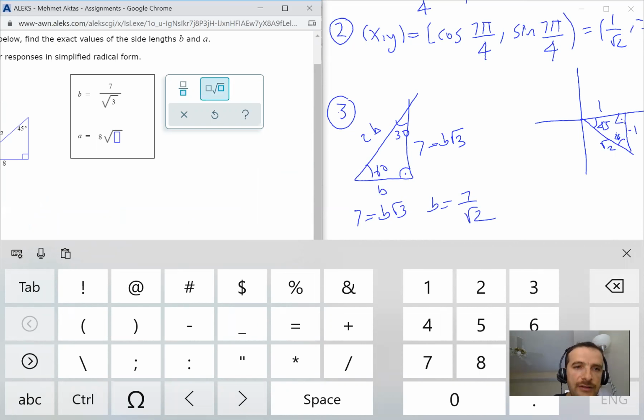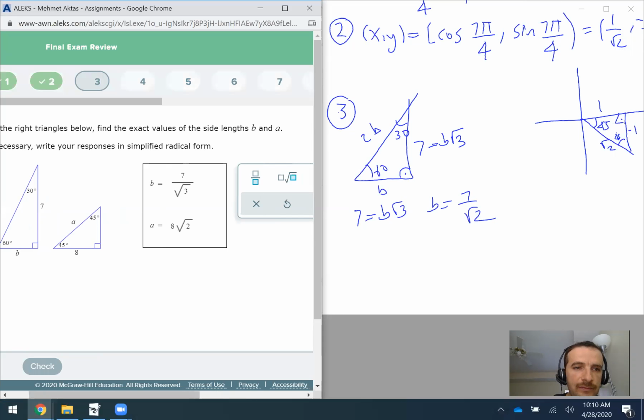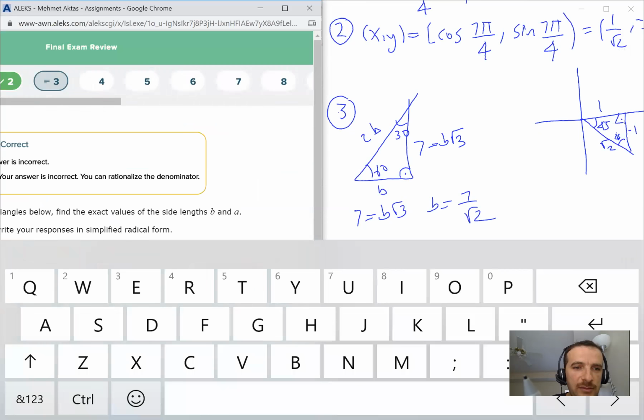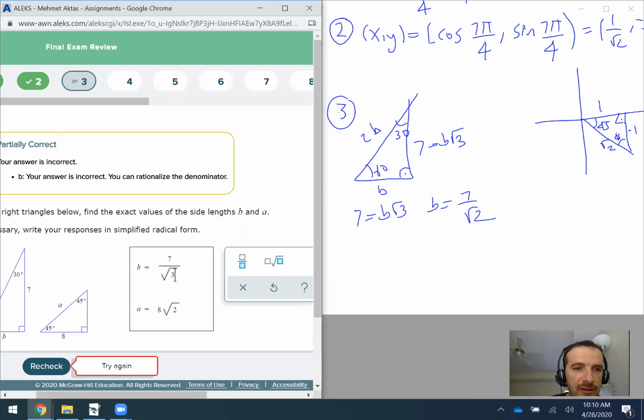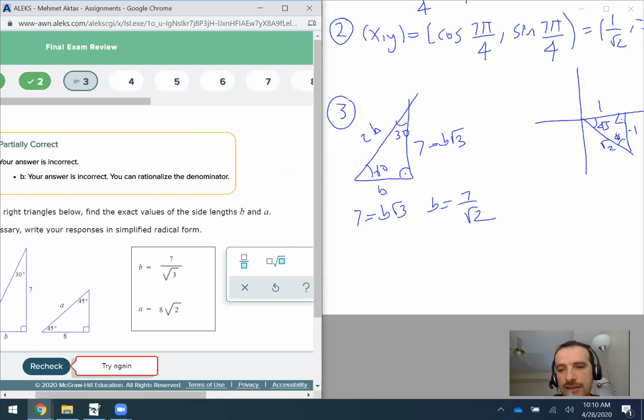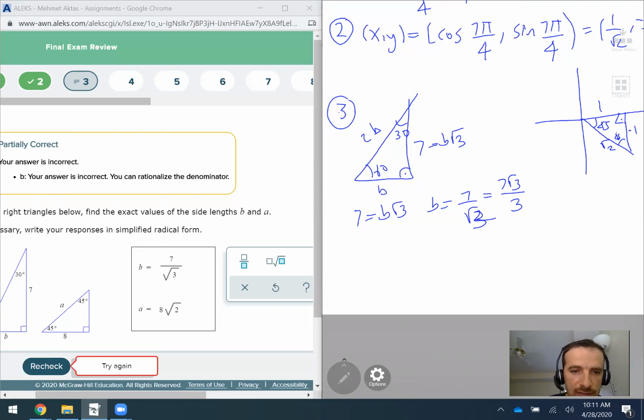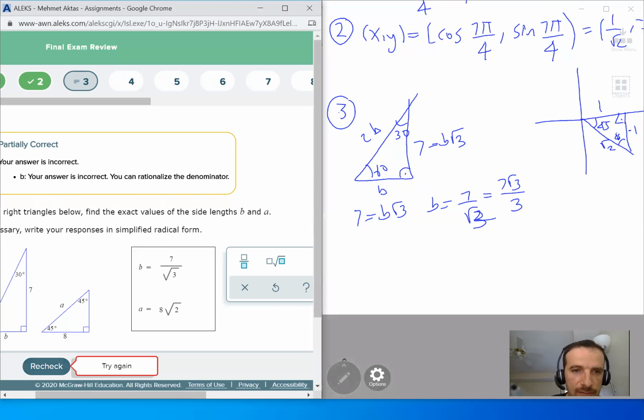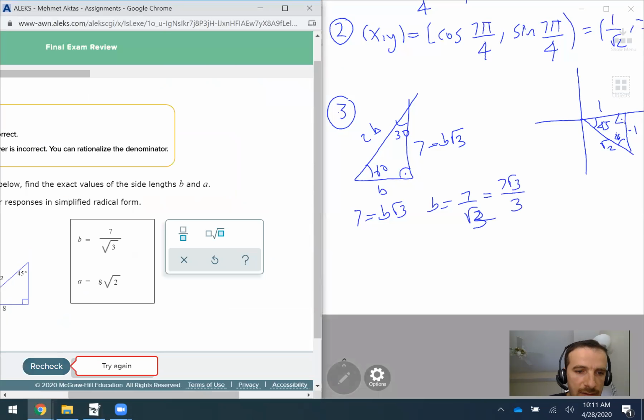Let's check our answers. Partially correct. Okay, sometimes we make mistakes, that's fine. It's asking us to rationalize the denominator. The answer was 7 over root 3, so we can rationalize by multiplying top and bottom by root 3, right? 7 root 3 over 3. So let's update that one.